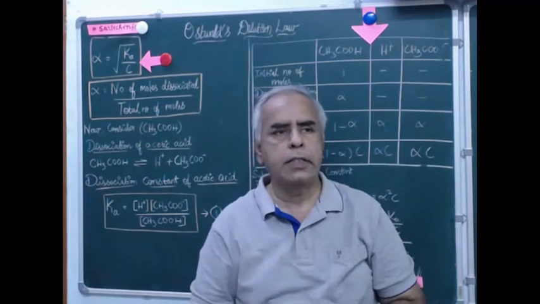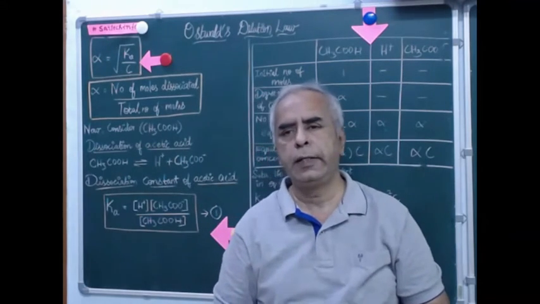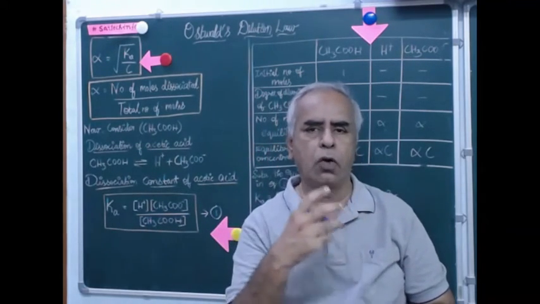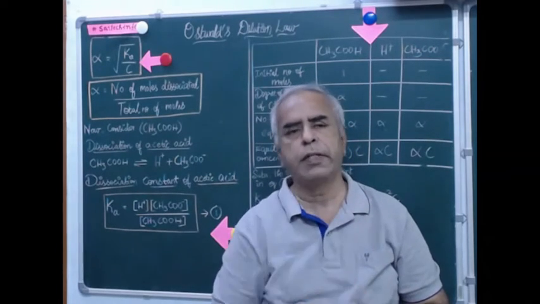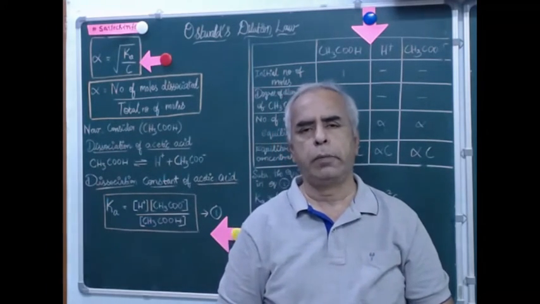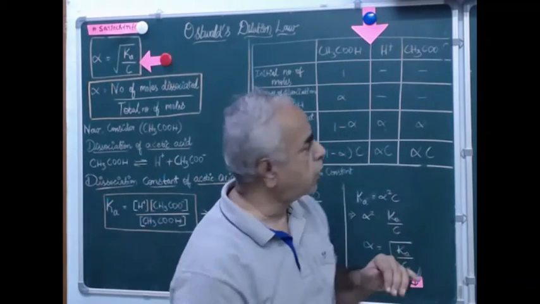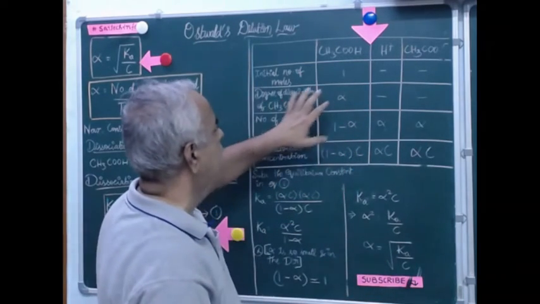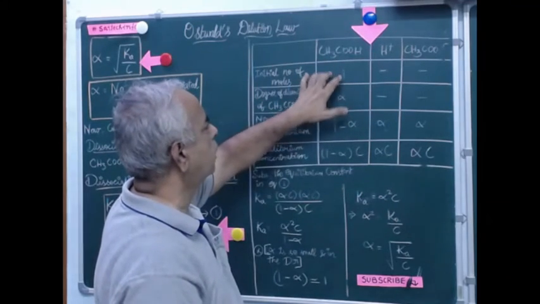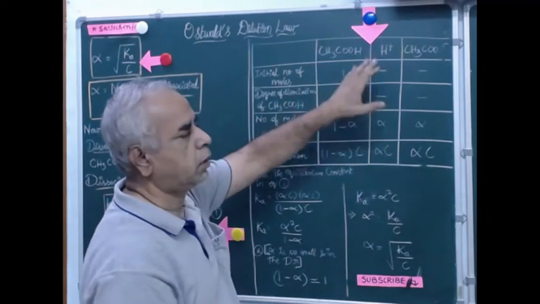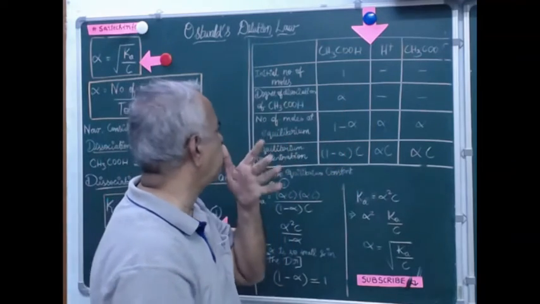But kinetics worries only about the speed of the reaction, how fast it takes place. That makes the difference between kinetics and thermodynamics. So under thermodynamics, we need to talk about this initial concentration. The initial level of moles per liter of acetic acid is 1. Let us take 1 as a whole quantity.